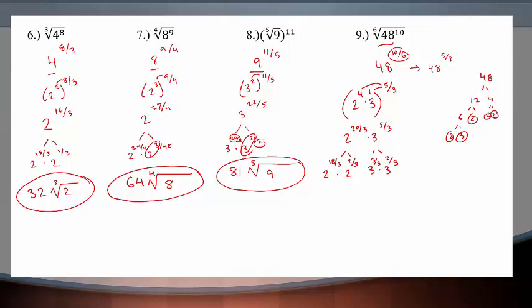So now I have 2 to the 6, which is 64. 2 to the 2/3 and 3 to the 2/3 do not simplify, but I know 3 to the 1st is 3. And I'll be left with this 2 to the 2/3 and 3 to the 2/3. I am allowed to multiply 64 and 3 to make 192.